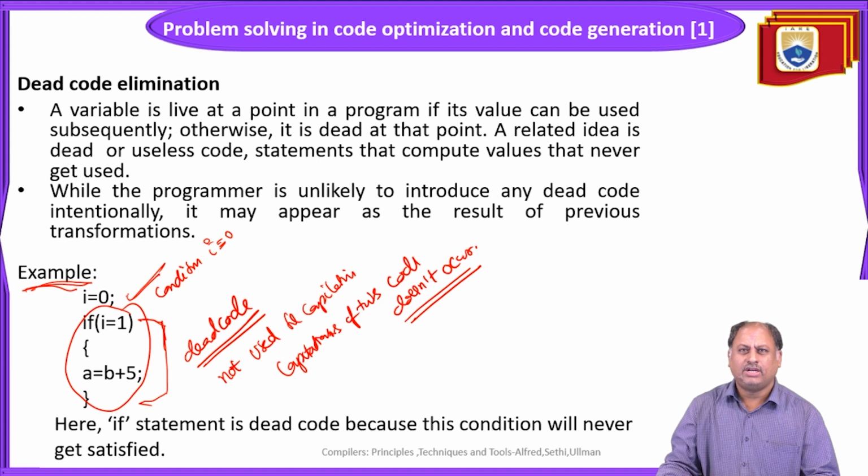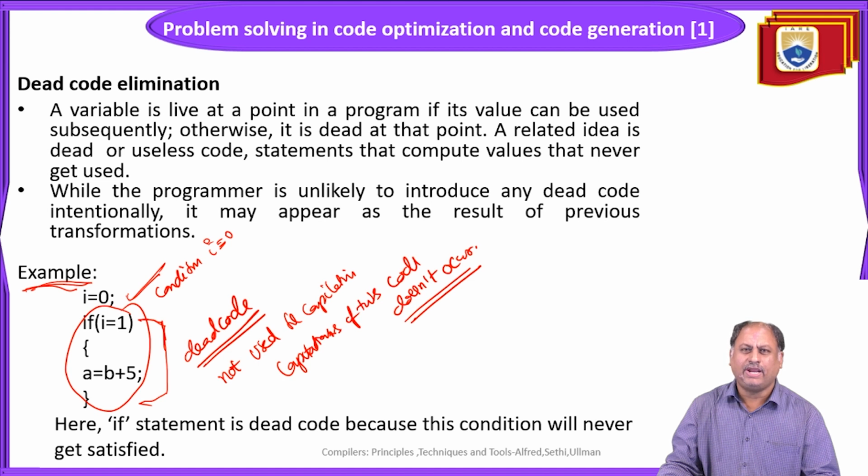That means dead code is code where the lines of statements are available in the program, but they may not take part during the execution of the program or computation. It is useless code, or dead code, we can say. It is not at all used by any of the commands.